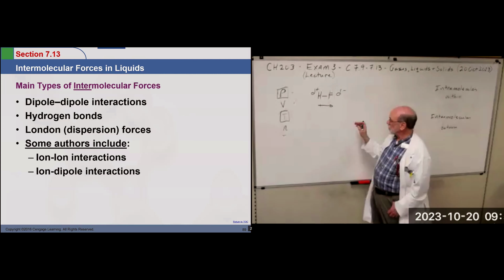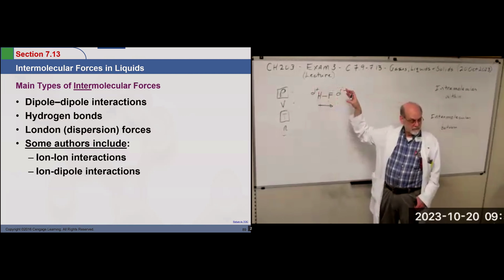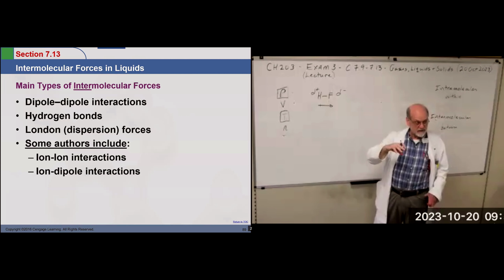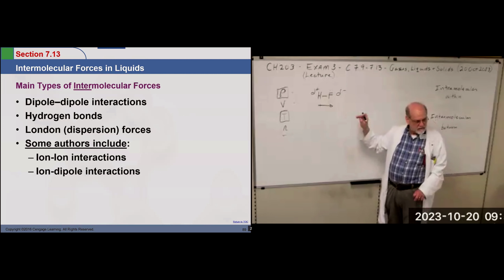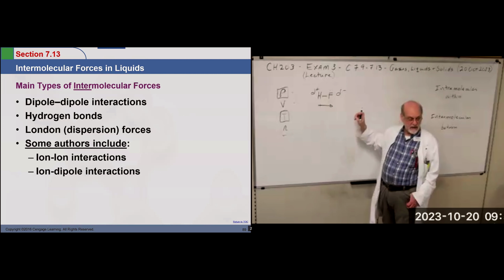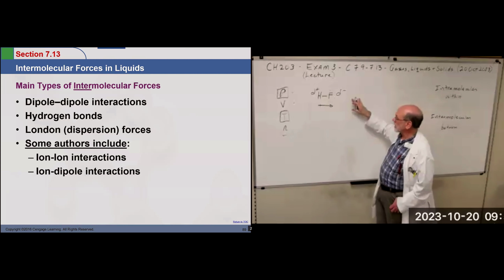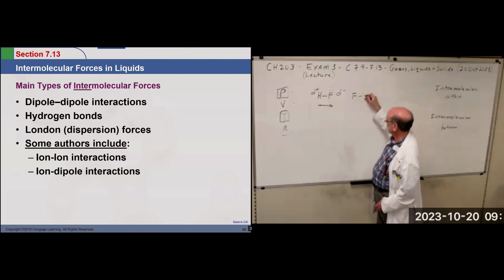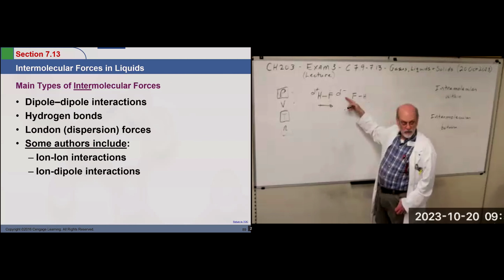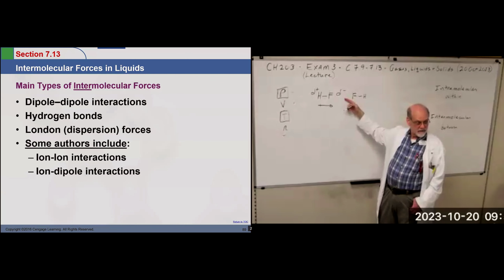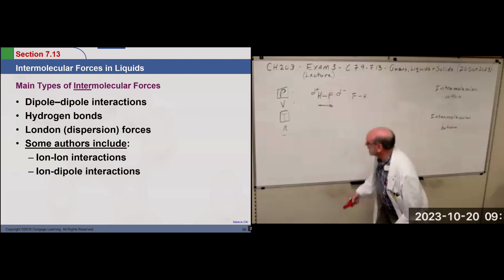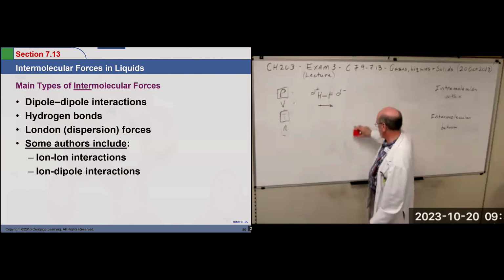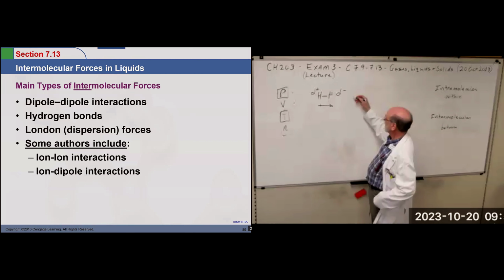Okay, so that's for one molecule, right? If you have billions of molecules in a collection, and this would be a gas, then they would orient themselves. If they approached one another like this, they would repel. So they repel until they find another molecule that's oriented properly, like this.